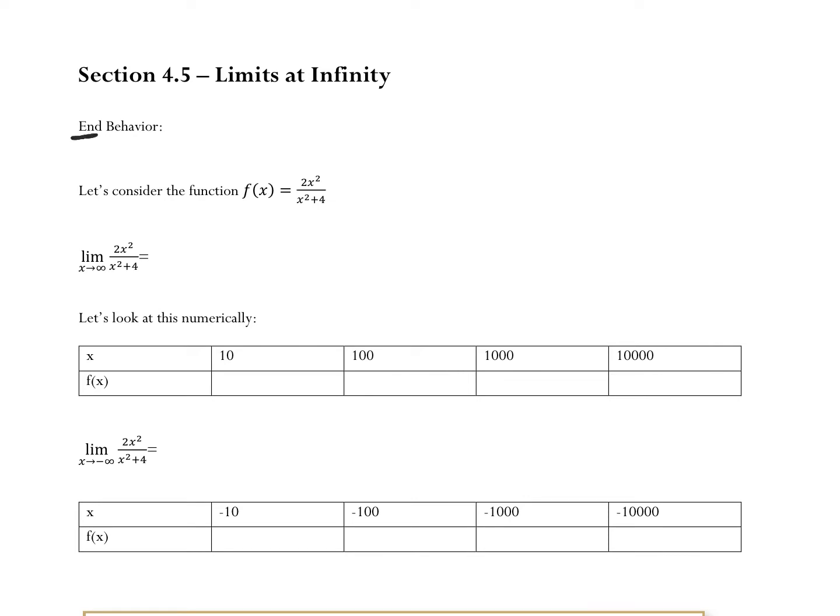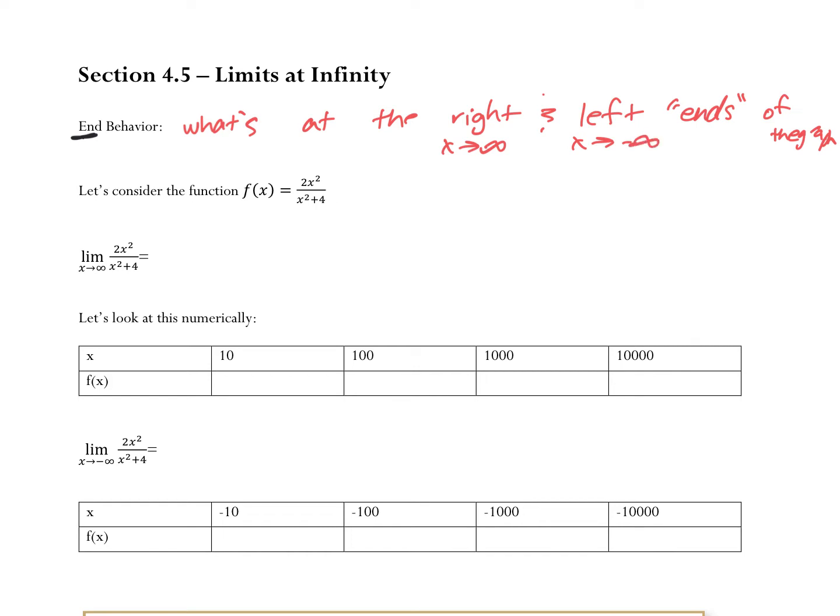When we talk about the end, I want you guys to think about what's happening at the right and left end. Right would be x is approaching infinity, left would be x is approaching negative infinity.